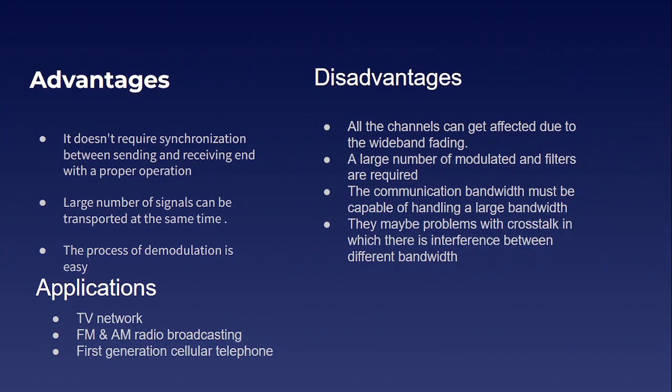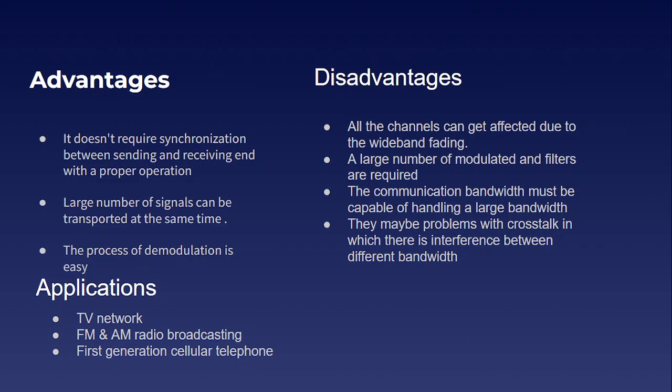What are the advantages of FDM? First of all, it does not require synchronization between the sending and receiving ends for proper operation. A large number of signals can be transported at the same time, and the process of demodulating is relatively easy. The disadvantages are that all the channels can be affected due to wideband fading.